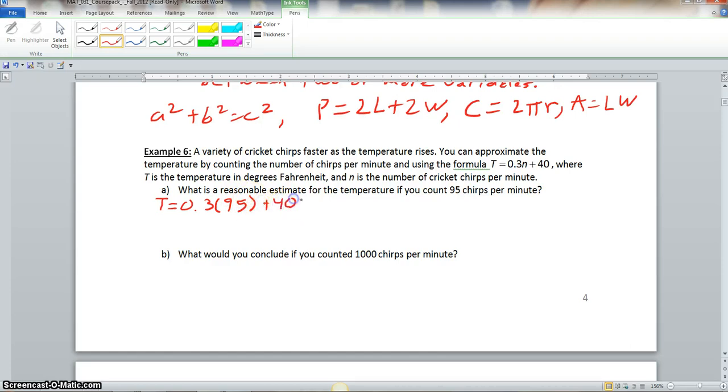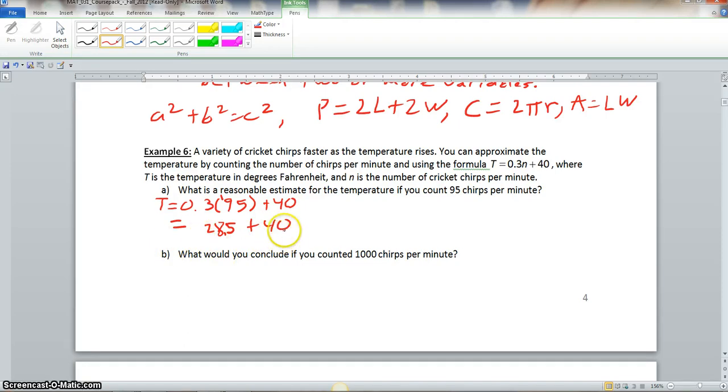plus 40. Now we're going to multiply this. 0.3 times 95 will give us 28.5. So it'd be 28.5 plus 40.